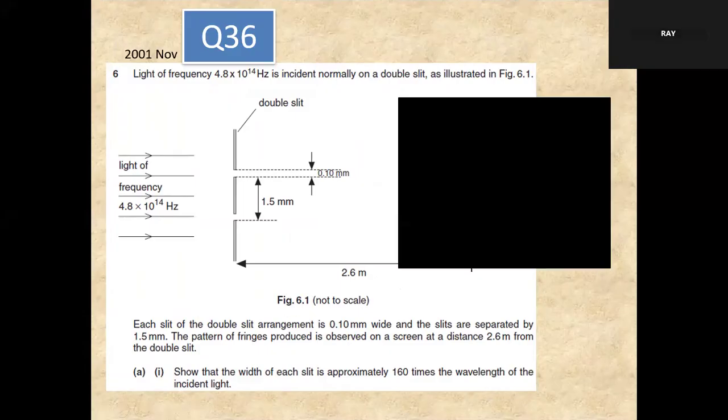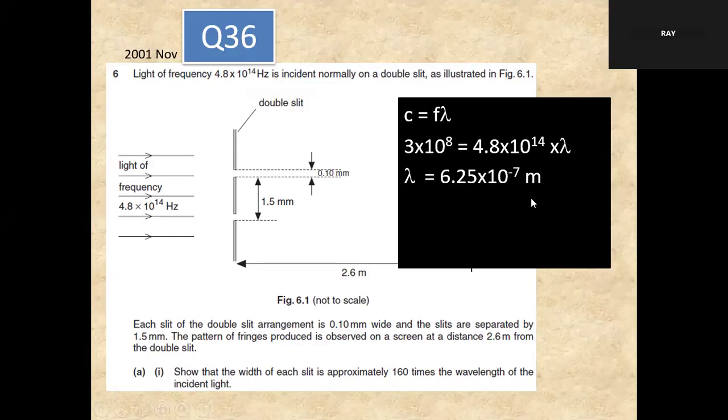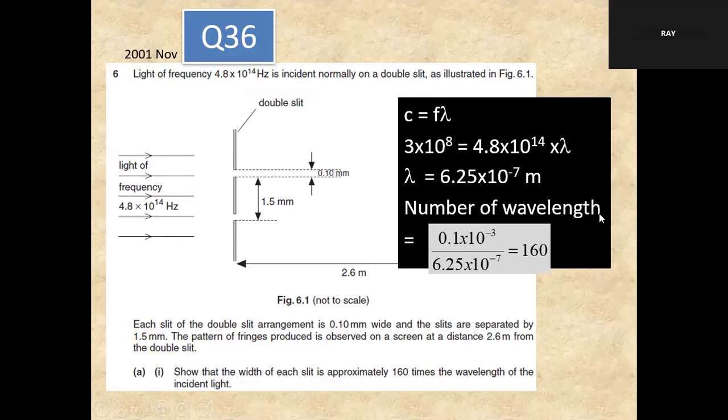This one is straightforward. Usually you have to calculate the wavelength first. Frequency is given, that's your f, and c is the speed of light. Then calculate the wavelength. Then divide the slit width by the wavelength to give you the number of wavelengths.